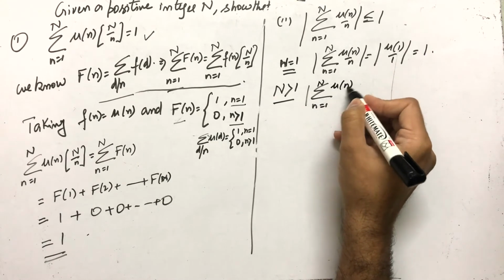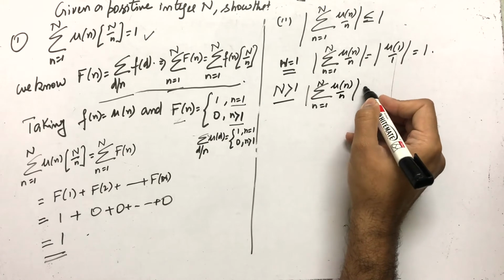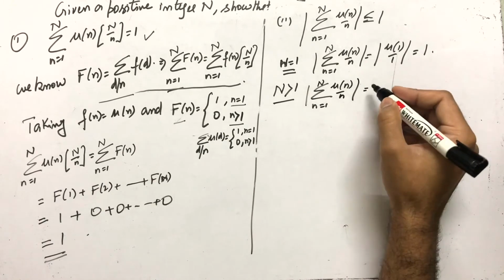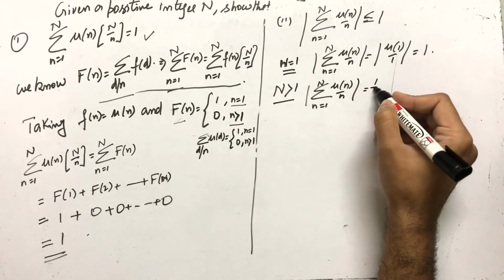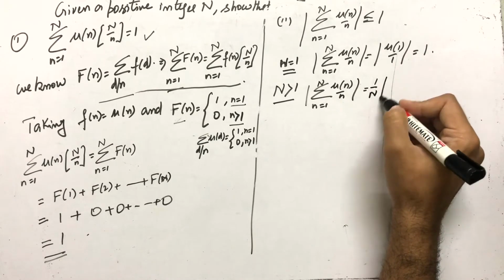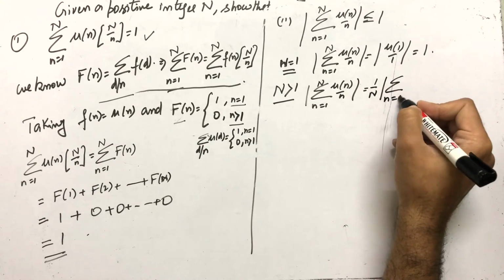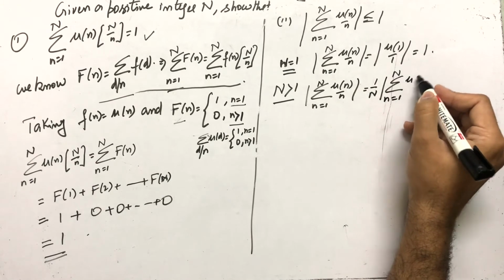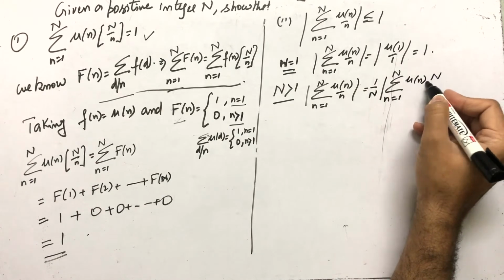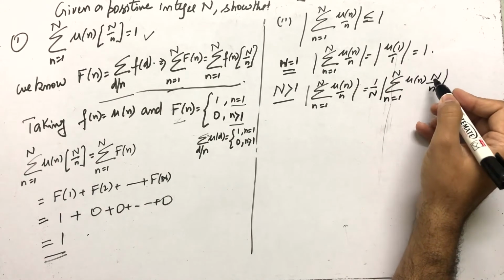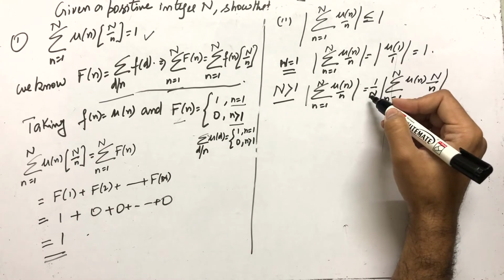Mu of n by n. And very easily we can write it as, now because N is positive, we can multiply and divide by N. Also, as it is positive, it can be written outside of the mod.